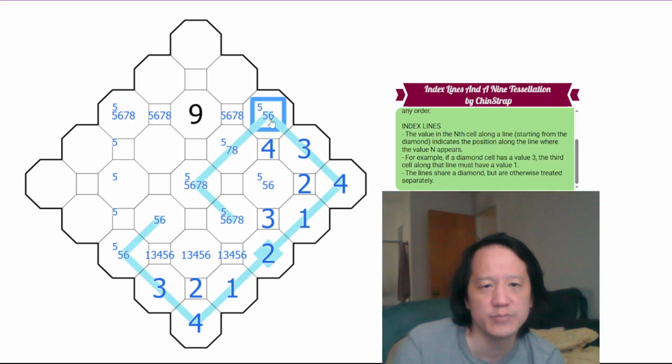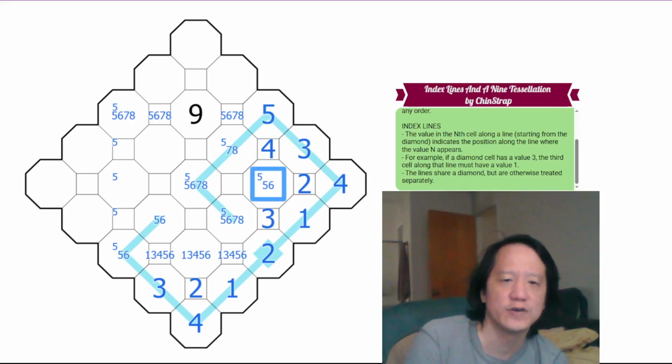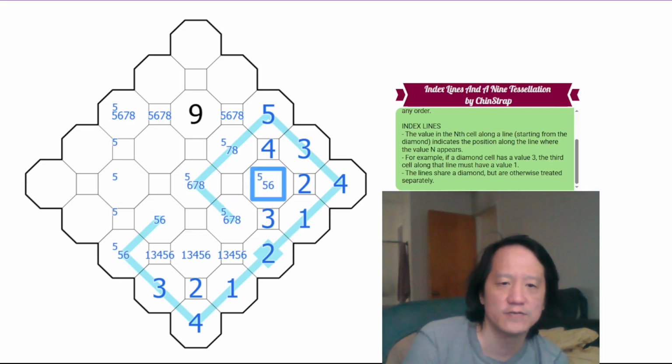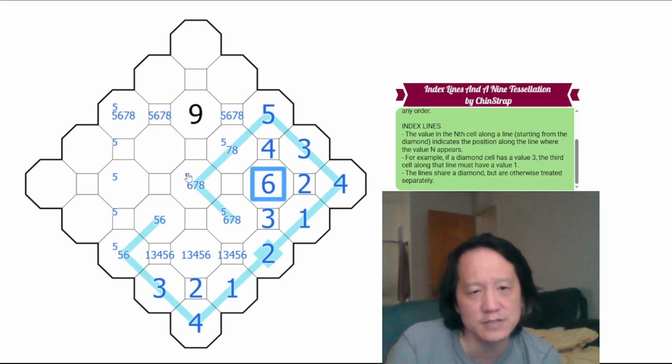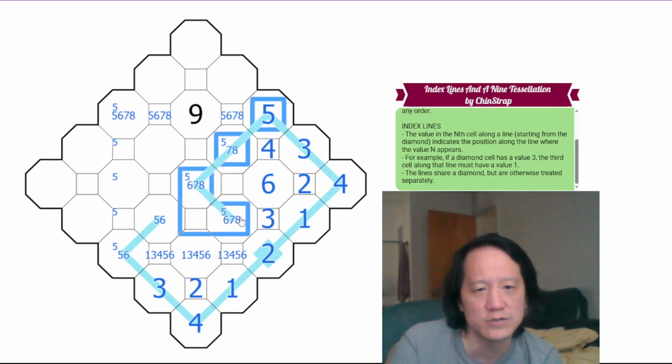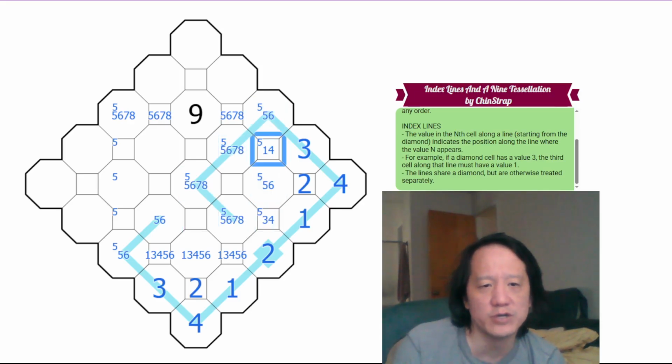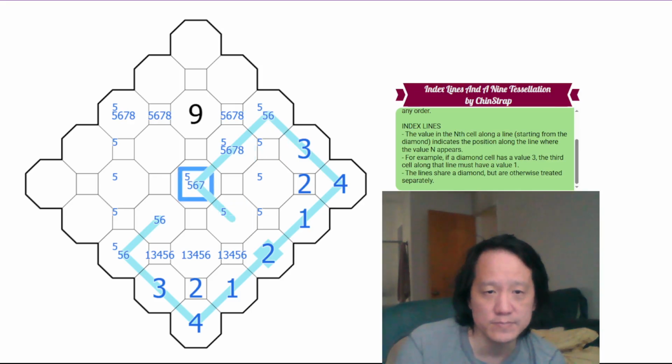So 5 cannot be in the 6th spot, so 5 has to be in the 5th spot. So this is 5, which makes this not 5, and this not 5, so this must be 6. But that eliminates 6 on this index line altogether, so then this would not work. So this cannot be 2 because of that. That's kind of a long, convoluted way of doing that.